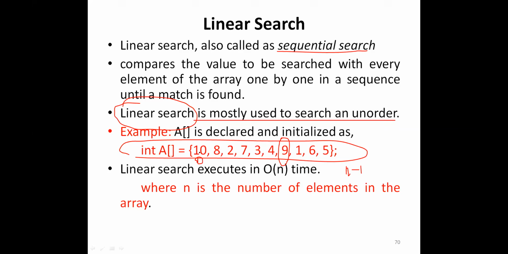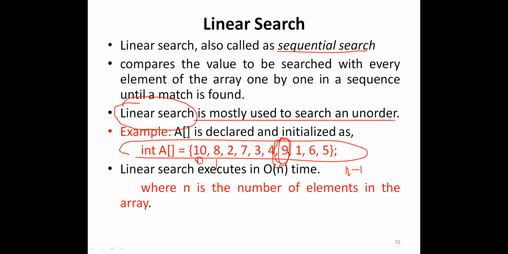No, 9 is not matching with 10. Then I'll increment the index i from 0 to 1. Then I'll check a of 1, whether it is matching or not. No, it's not matching. So I'll keep on moving my index until I find the matching element. Once 9 is matched, the algorithm quits.